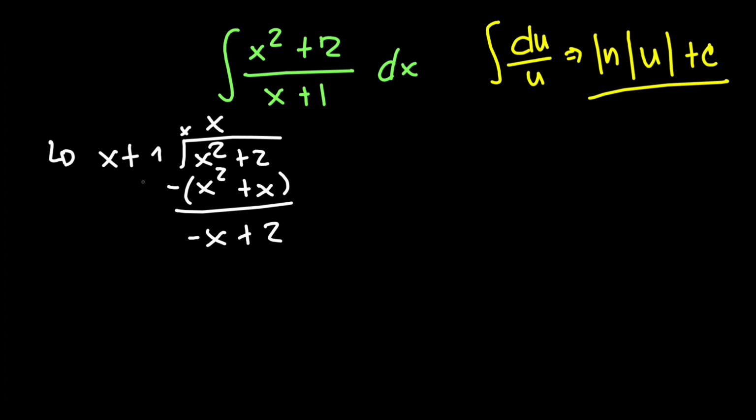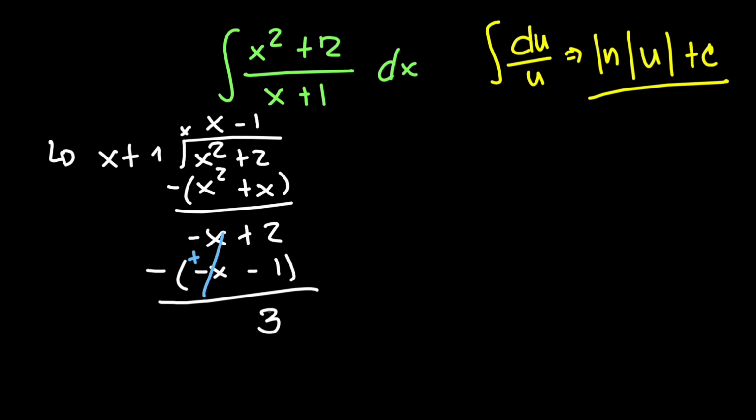And so negative x divided by positive x would be negative 1. Negative 1 multiplied by x would be negative x, and negative 1 multiplied by 1 is simply negative 1. Subtract this. This should be positive x, so they will cancel. 2 minus negative 1 is equal to 3.